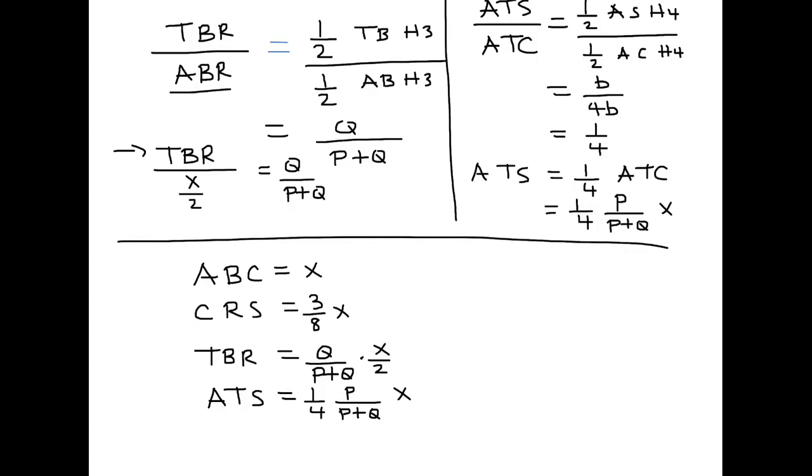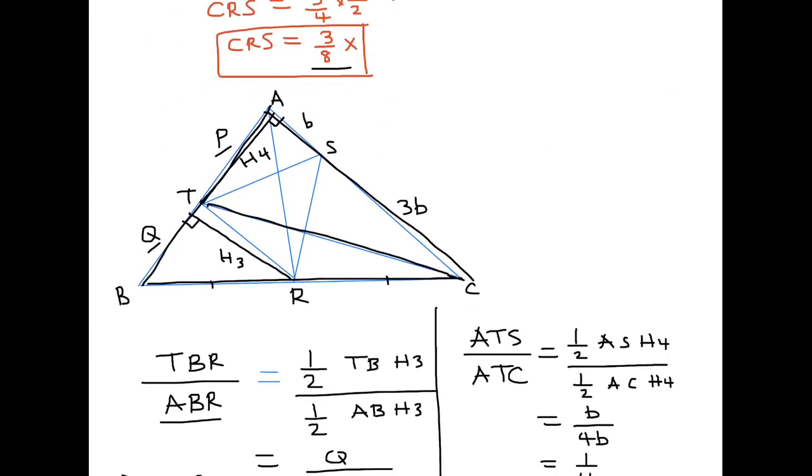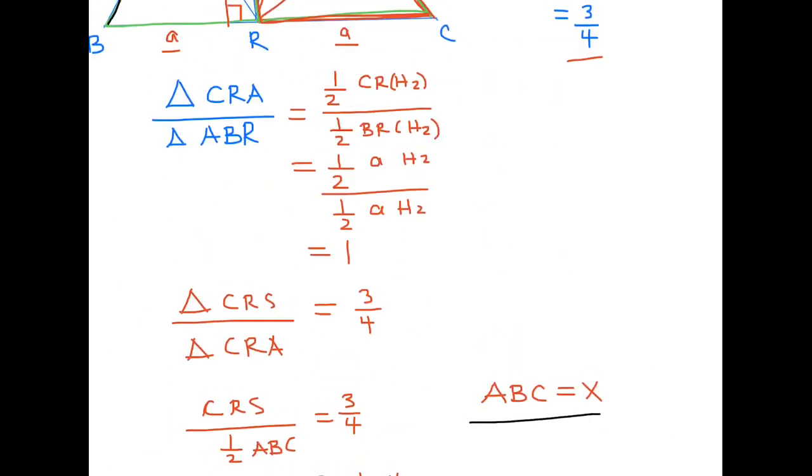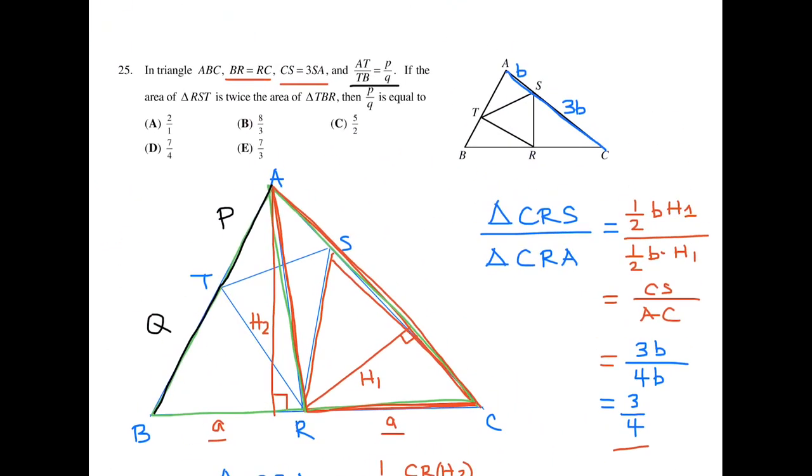And we have to figure out the relationship between the final two triangles. And those final two triangles they've given right here. RST is equal to twice the area of TBR.